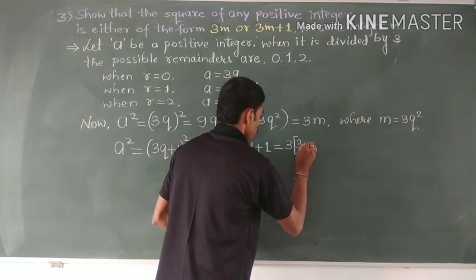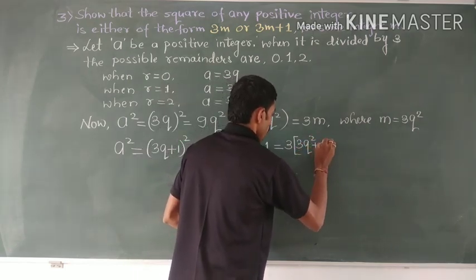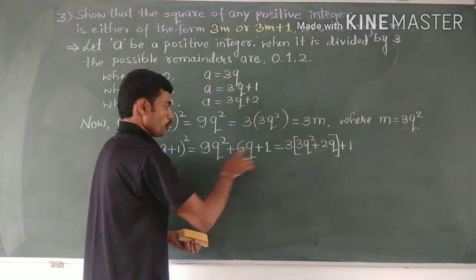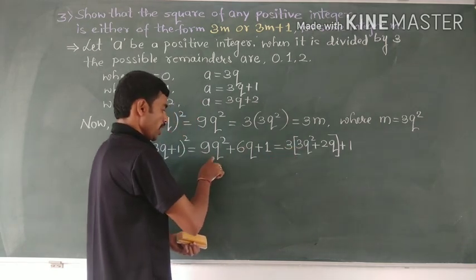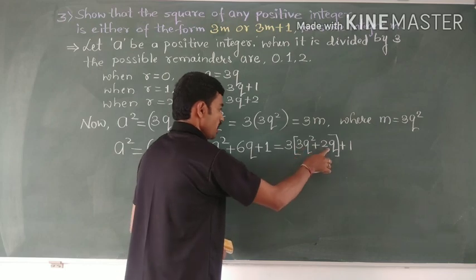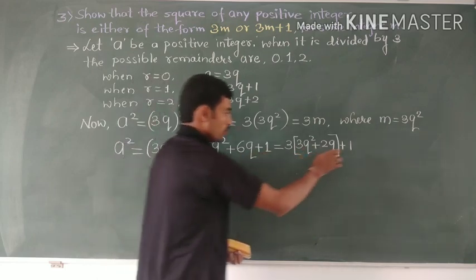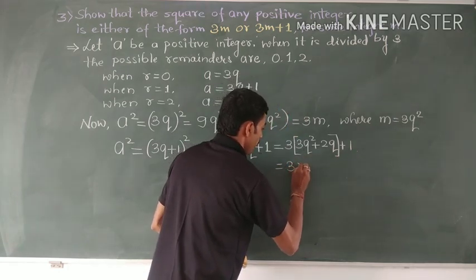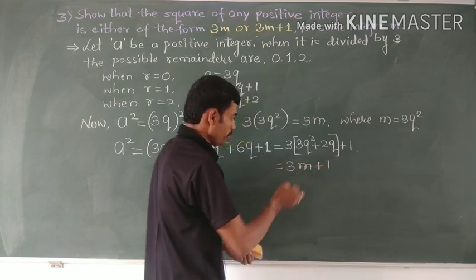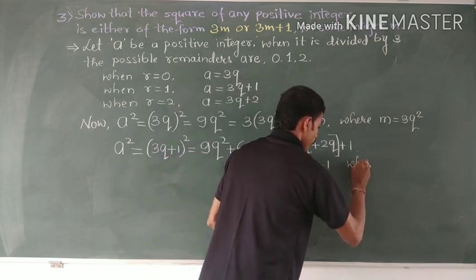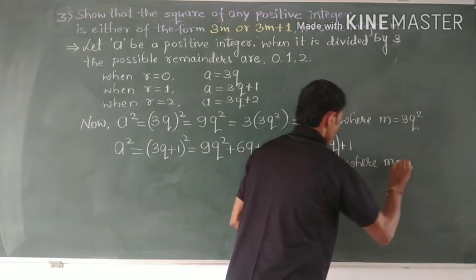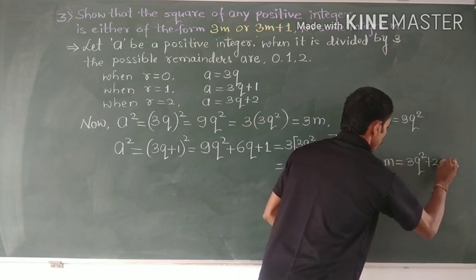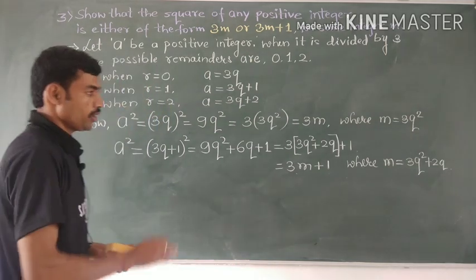That is 3q square plus 2q plus 1. So this can be written as 3m plus 1, where m is equal to 3q square plus 2q.